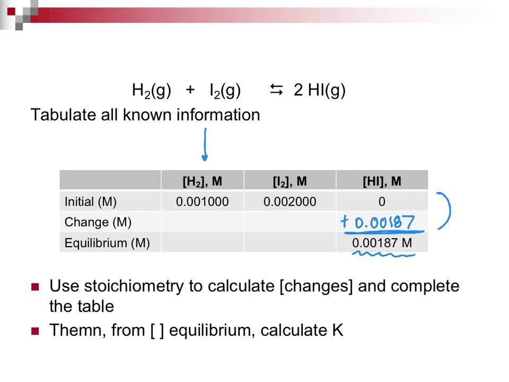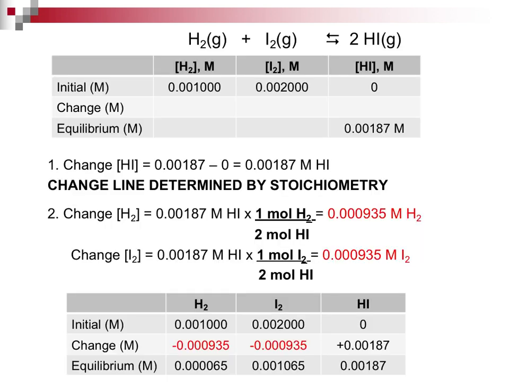So what are you going to do now? Well, you're going to use stoichiometry to calculate those changes, and you're going to complete that table. And that's what I've done on the next 2 slides. So here is a repeat of the slide, and what I should have done is put in my 0.00187. I'm going to use that number in order to come up with these. Now, you may have said, I can do this in my head.